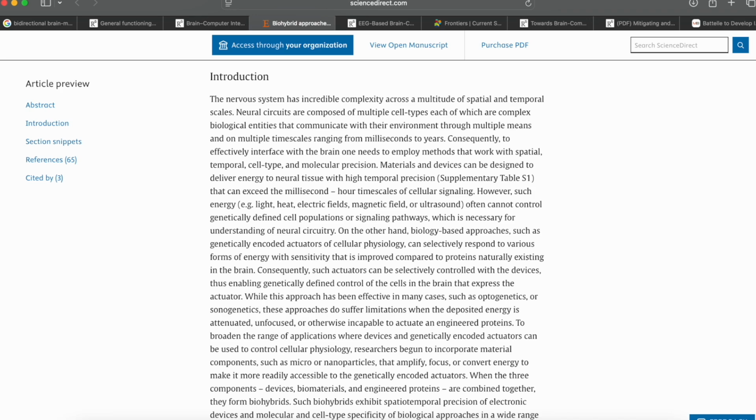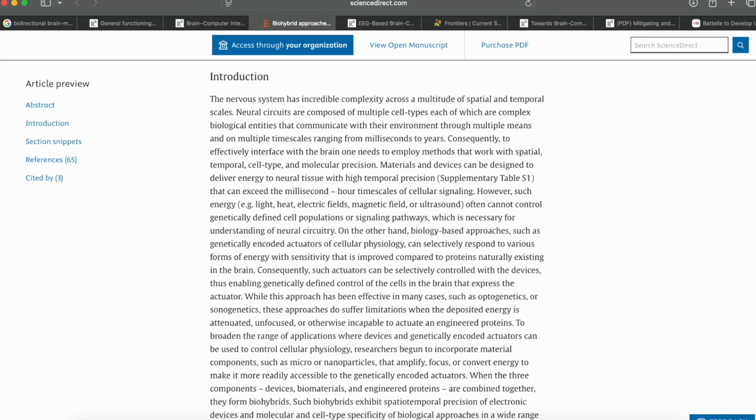Materials and devices can be designed to deliver energy to neural tissue with high temporal precision that can exceed the millisecond to hour timescales of cellular signaling. However, such energy, for example, light, heat, electrical fields, magnetic field, or ultrasound, often cannot control genetically defined cell populations or signaling pathways, which is necessary for understanding of neural circuitry.